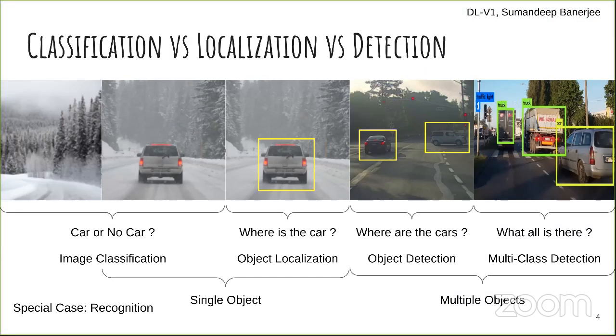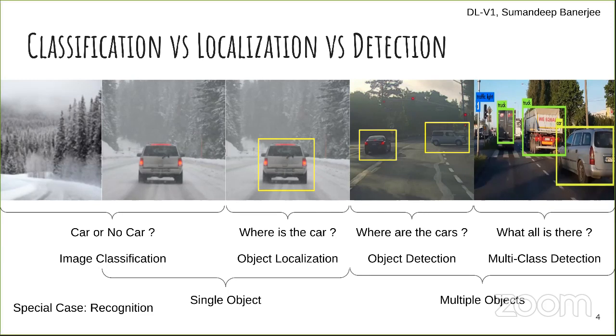All right. So computer vision problems are of wide variety. They are like classification, localization, detection, etc. Classification is the very basic problem where, in the image, we ask: is there a car or is there no car?